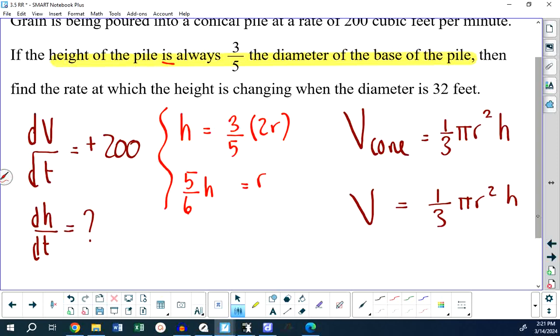Believe it or not, this is where people will mess up, even in a calculus class. They will rearrange that wrong, or they will read that highlighted statement and interpret it backwards. So the radius is 5/6 of the height, and what we're going to do now, this is not a difficult problem, we're going to take that and put it right there. Because that's what the radius is, and we will have accomplished eliminating the radius from the equation.